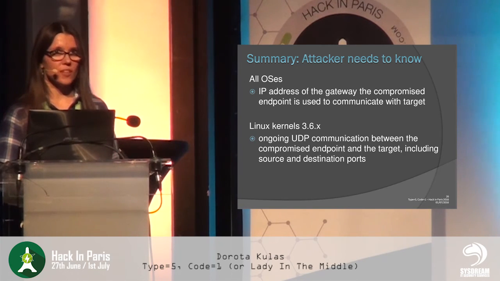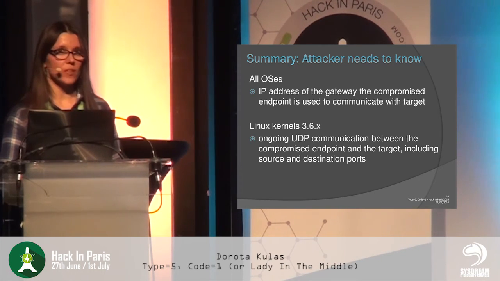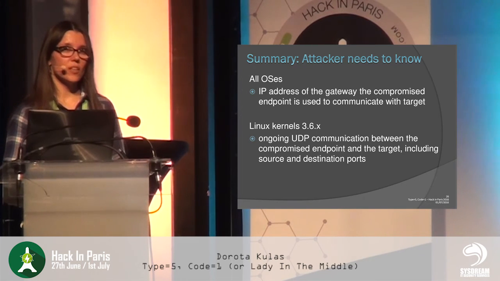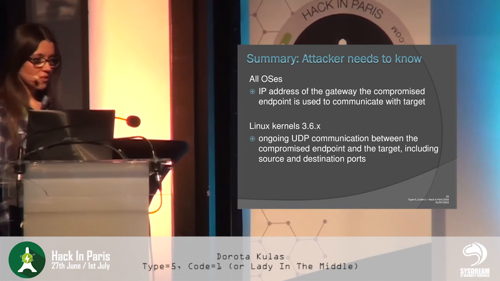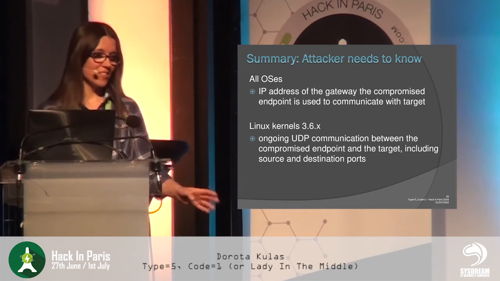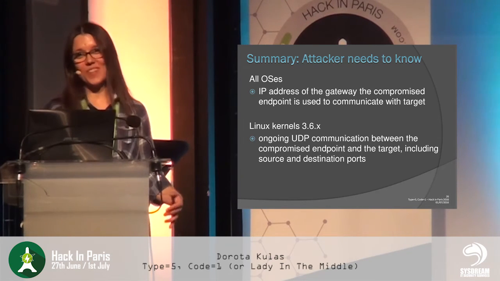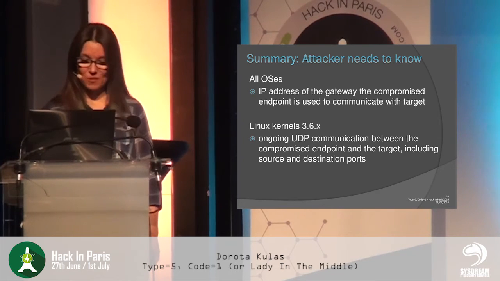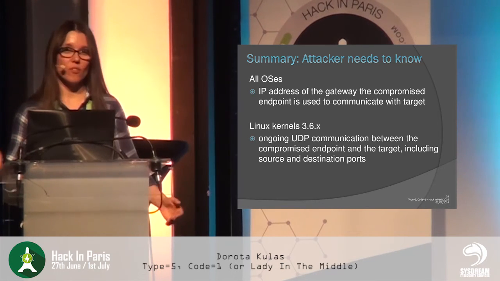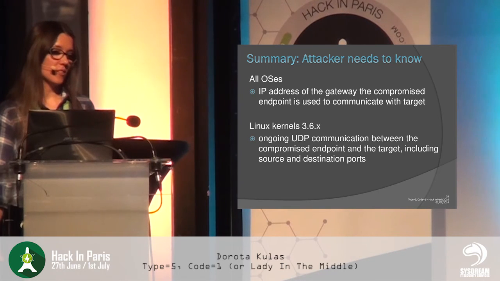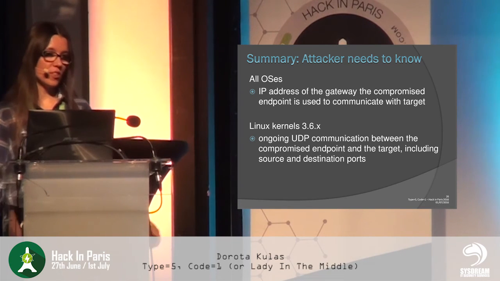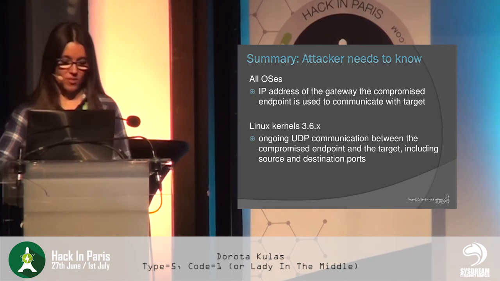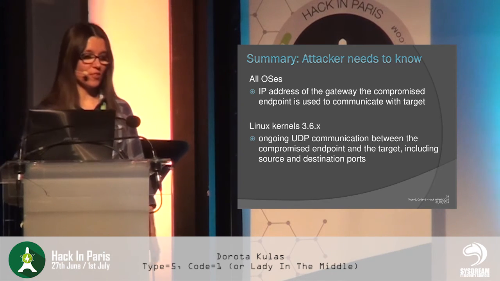I'm not sure, and I can't remember if I was able to make it with a UDP trigger. Probably not. So this kernel is somehow, but later they fixed it. I don't know why. So it will work later. And you obviously know your target and victim IP addresses. So this is all you need to know, or the attacker needs to know.